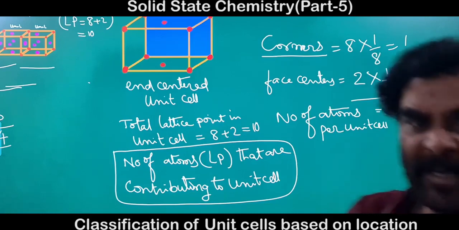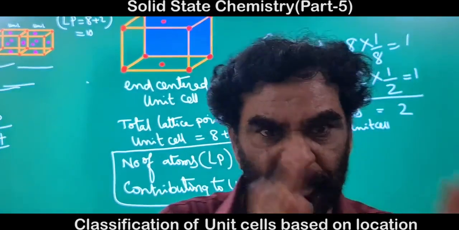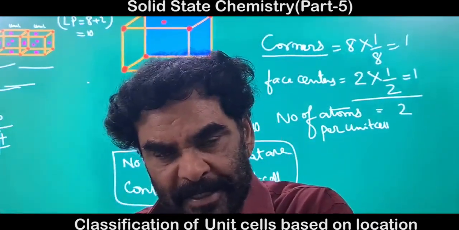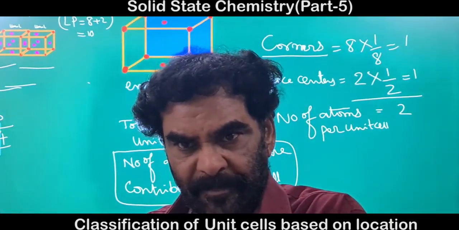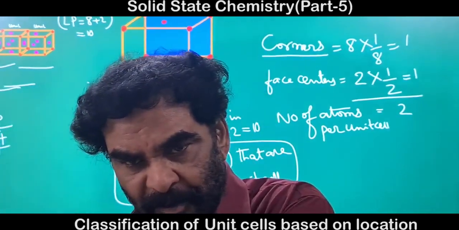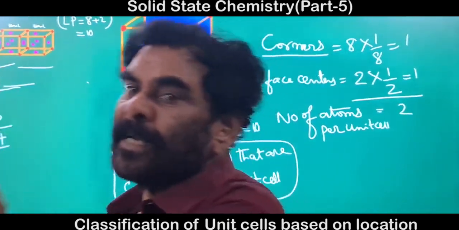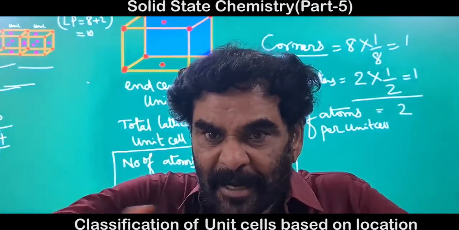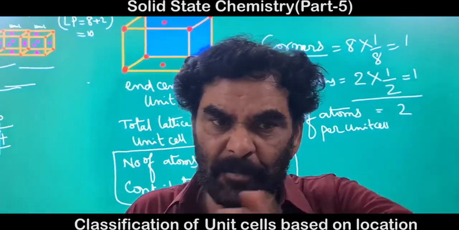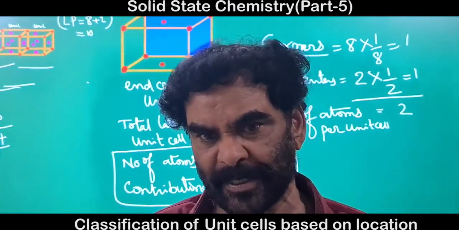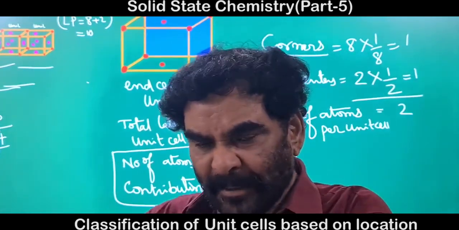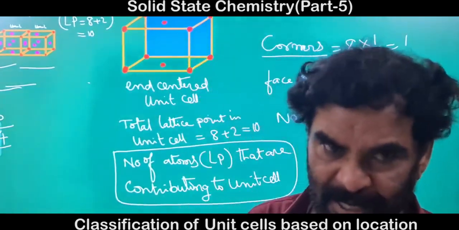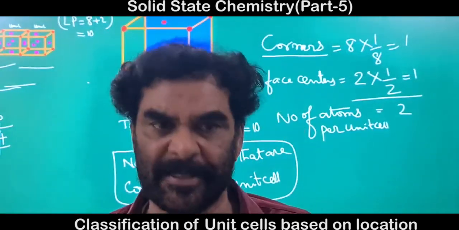Based on the position of the lattice points, they are classified into 4 types: simple unit cells, body centered unit cells, face centered unit cells, and end centered unit cells. Broadly these are classified into 2 types. The simple unit cell is called the primitive unit cell, and the other 3 are kept under the non-primitive or centered unit cells.